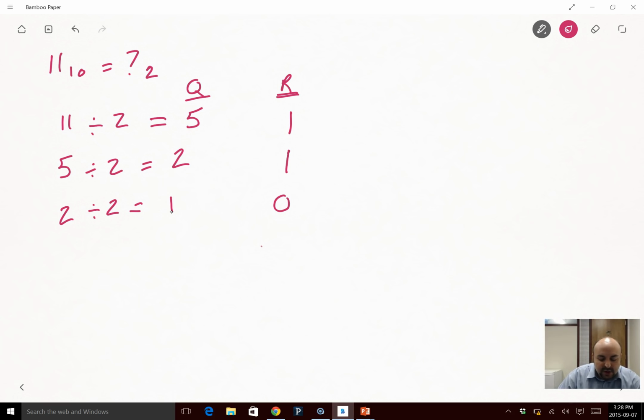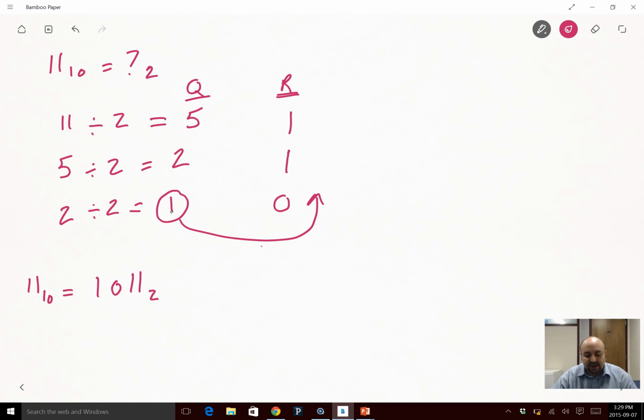So then, starting from the last quotient, that's our number. So our number is going to be 1 and all the way back up. So in fact, we're going to have 1, 0, 1, 1, and that's to base 2. So 11 base 10 equals 1011 base 2.